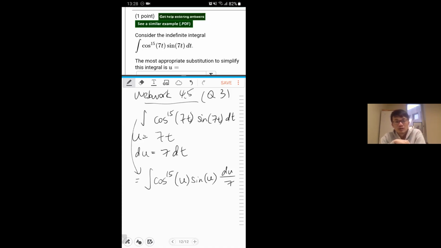Do we have a formula for the antiderivative of cosine to the 15 times sine of u?